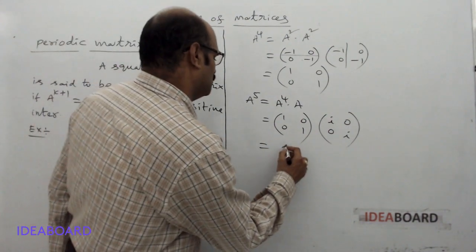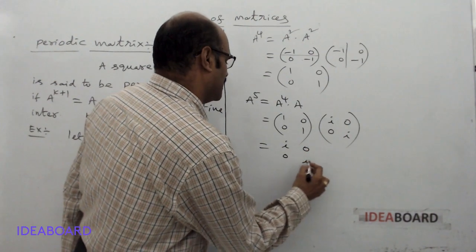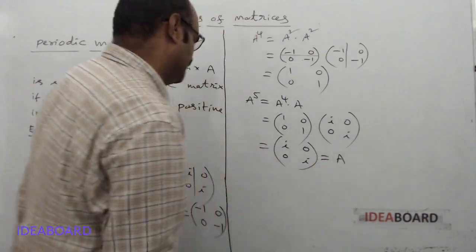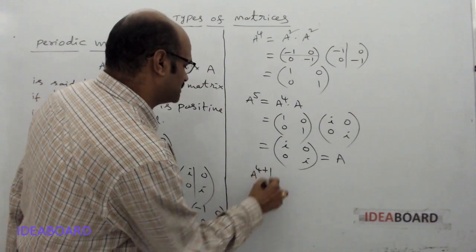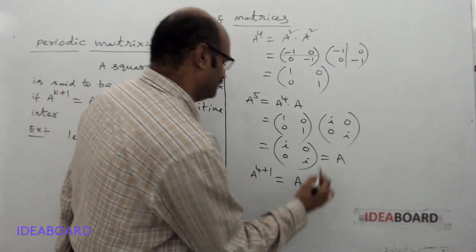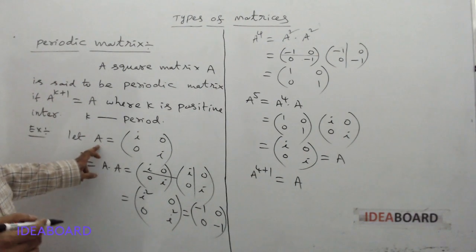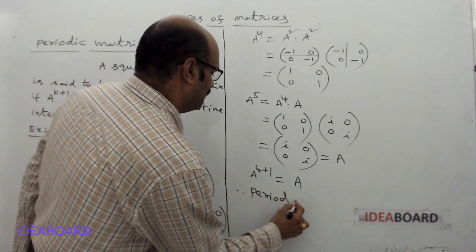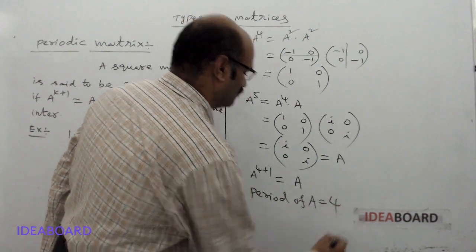So it equals [I 0; 0 I], which is A. Therefore, A power 4 plus 1 equals A. Now, the period of A equals 4.